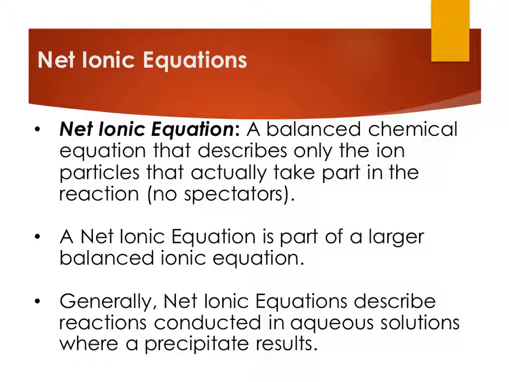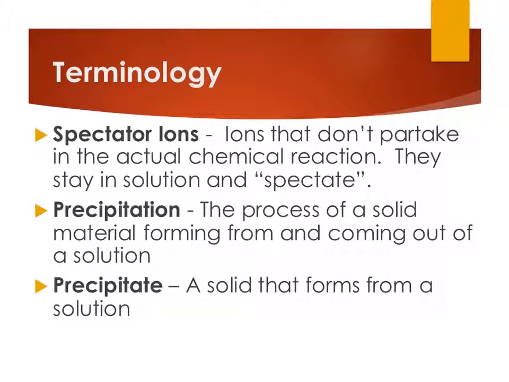Those ions that don't change in their composition from reactant to product are called spectator ions. So I've just given you a little bit of terminology on the spectator ions, right? They don't partake in the reaction. They just watch and spectate from the side.